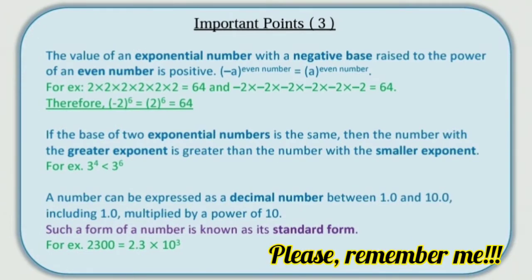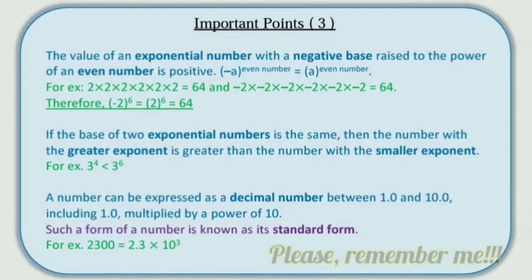Important points, page number 3. The value of an exponential number with a negative base raised to the power of an even number is positive. For example, minus a raised to an even number, that is, even number means you can take any even number, that is 2, 4, 6, 8, 10 like that, is equal to a raised to that even number.